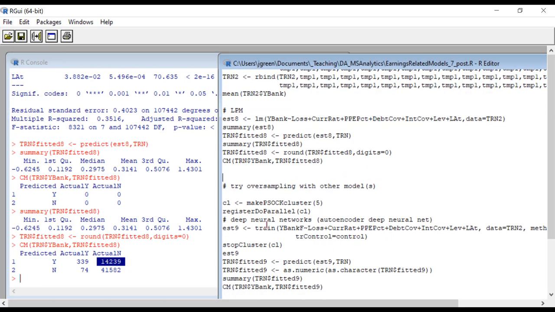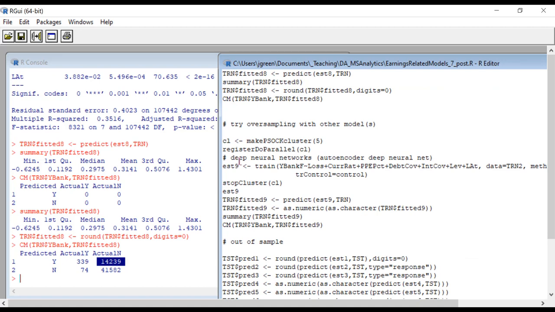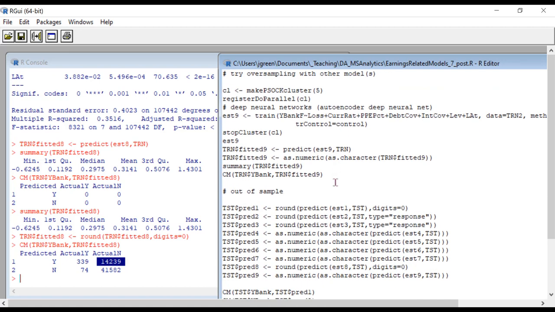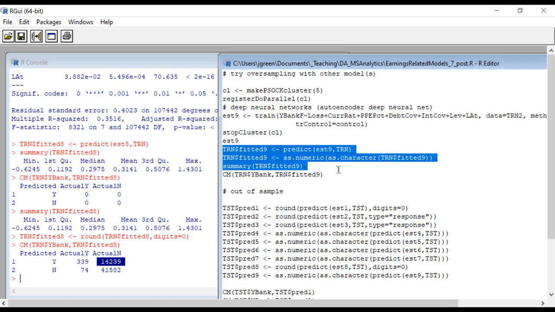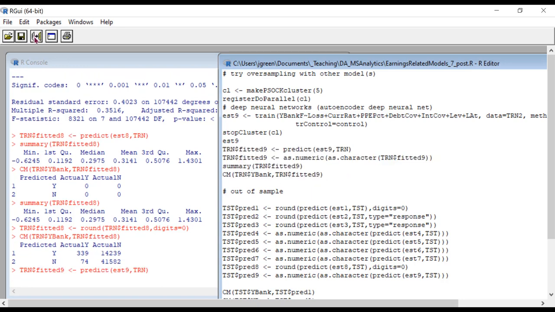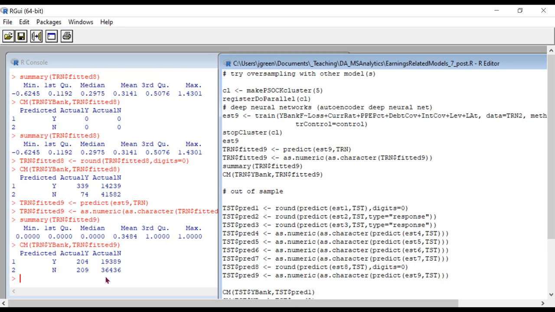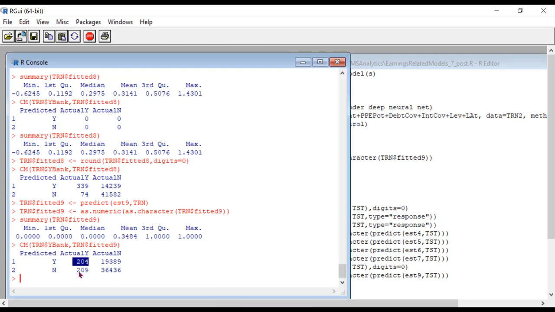So then let's do the same thing with this deep neural network model, just seeing if somehow that would help us. And what happens here? Well, now we're about even on getting the actual bankruptcies right, and we are adding a bunch that we called bankrupt that are not bankrupt.